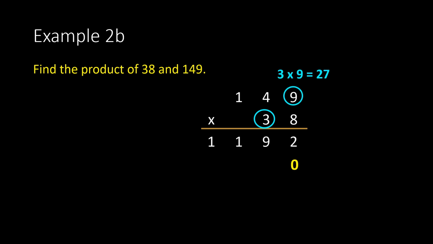So we have 3 times 9 equals 27, and the 27 is written like so. 3 times 4 equals 12, and we need to add the 12 to the 2 here to give us 14. And 3 times 1 equals 3, and add that to the carried over 1 to give us 4.